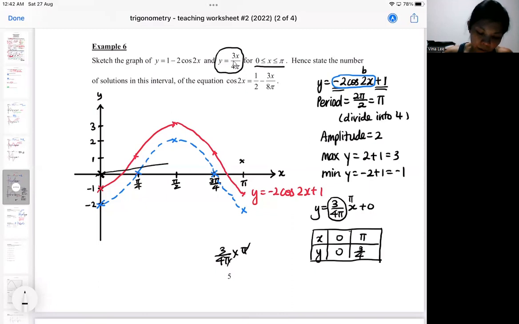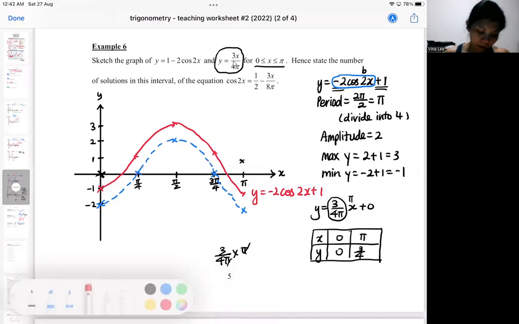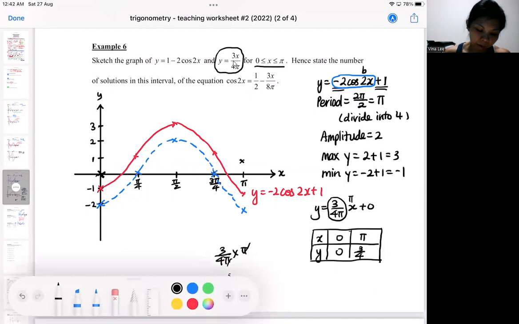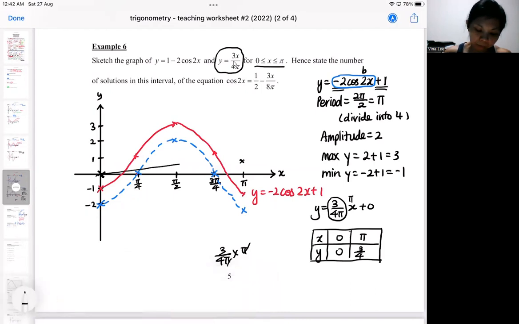So it's a straight line that just cuts across. I didn't join very well. A bit difficult. Let me try one last time. So that will be the straight line.